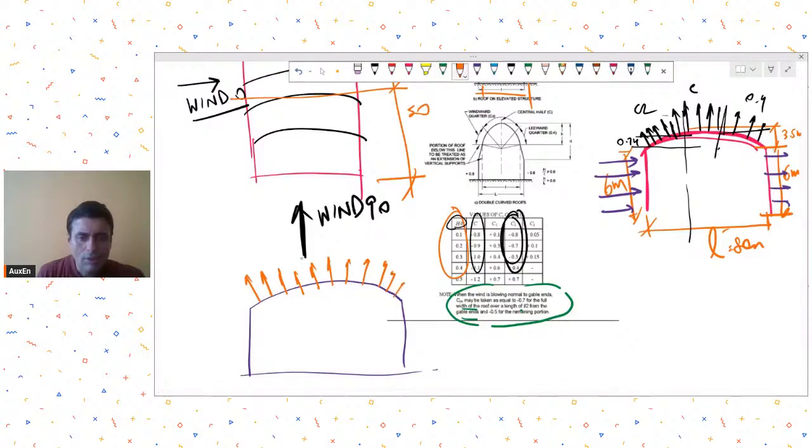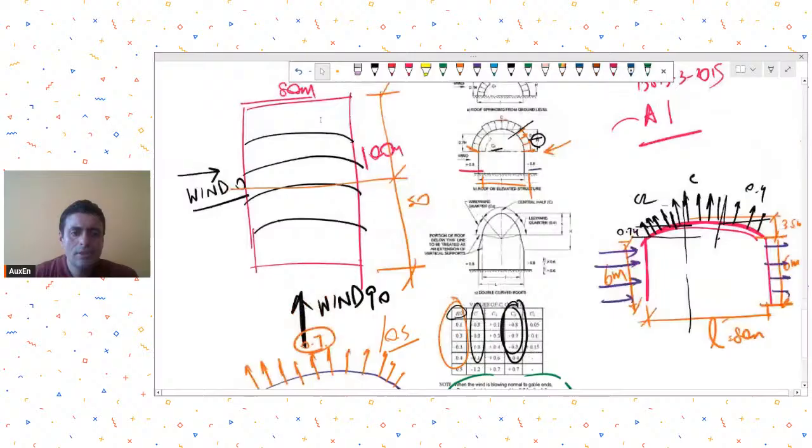Now what to take for walls, they have not given. Please note, what coefficient to take for walls, they have not given. So I'm not sure what coefficient should be taken for walls. This will be 0.7 for the first 50 meters in the windward direction, and for the remaining 50 meters it will be 0.5 away.